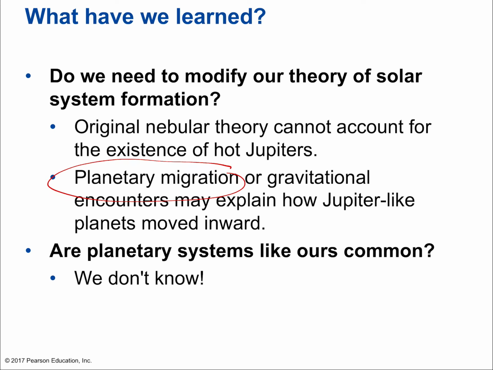And are planetary systems like ours common? We really don't know yet, and further study is necessary. So this was a relatively short chapter with a couple of concise ideas. How do we detect planets around other stars? Doppler effect and transit method. Those are the two primary ways, the ideas you need to understand and remember. And then, how are other solar systems different?